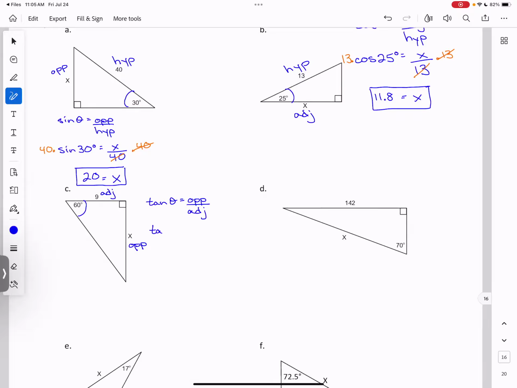So tan of 60 degrees is x over 9. And we can multiply both sides by 9. So we've got x is 9 times tan 60. And to one decimal place, that gives me 15.6.